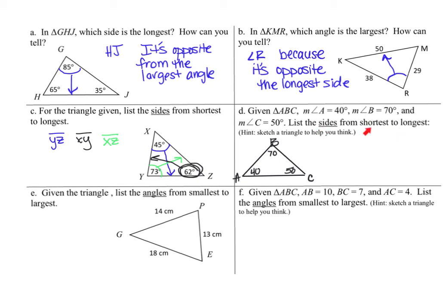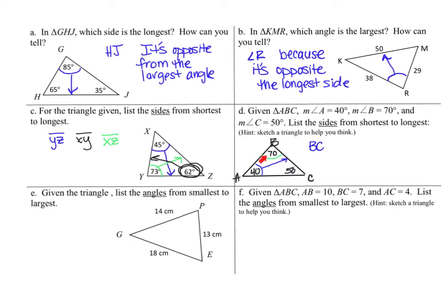So remember, the shortest side is going to be opposite the smallest angle. The smallest angle is angle A at 40 degrees, so the side opposite of that is going to be the smallest side, which is BC. Then the longest side is going to be opposite the largest angle.